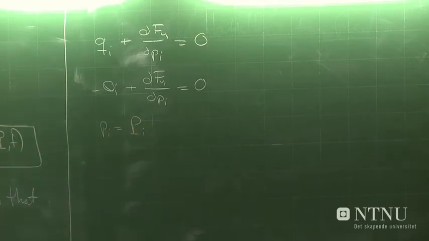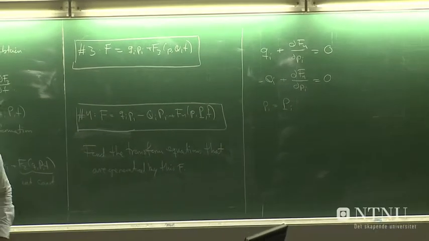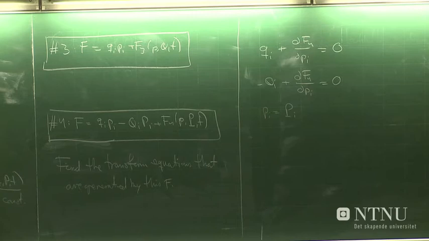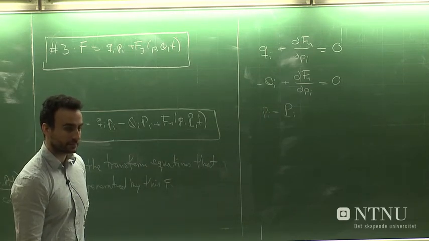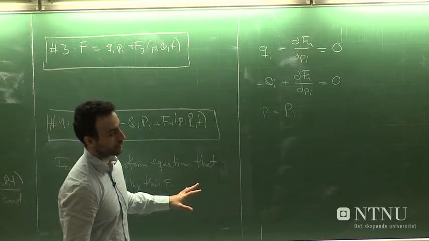Okay. So these are the equations you obtain. So what about the Hamiltonian H? Did you find some condition for that? Because there's been a pattern for the three preceding.